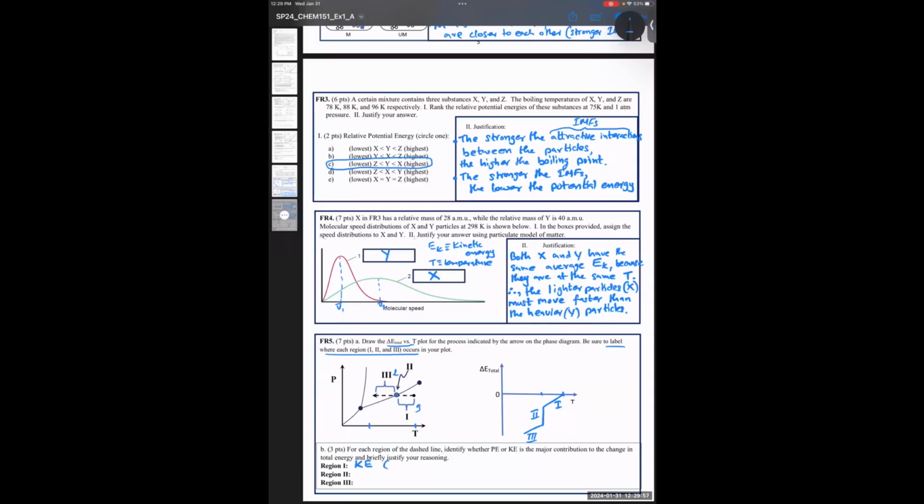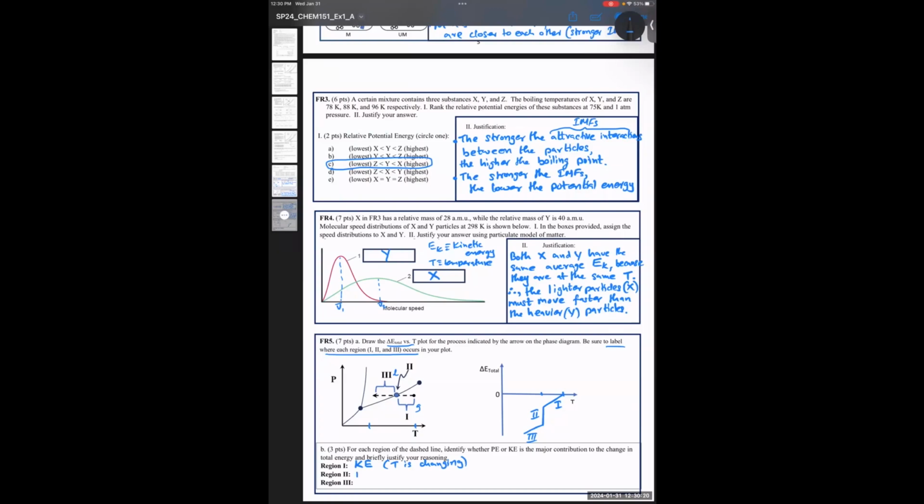Why? T is changing. And in region 2, T is not changing. Therefore, it should be potential energy.